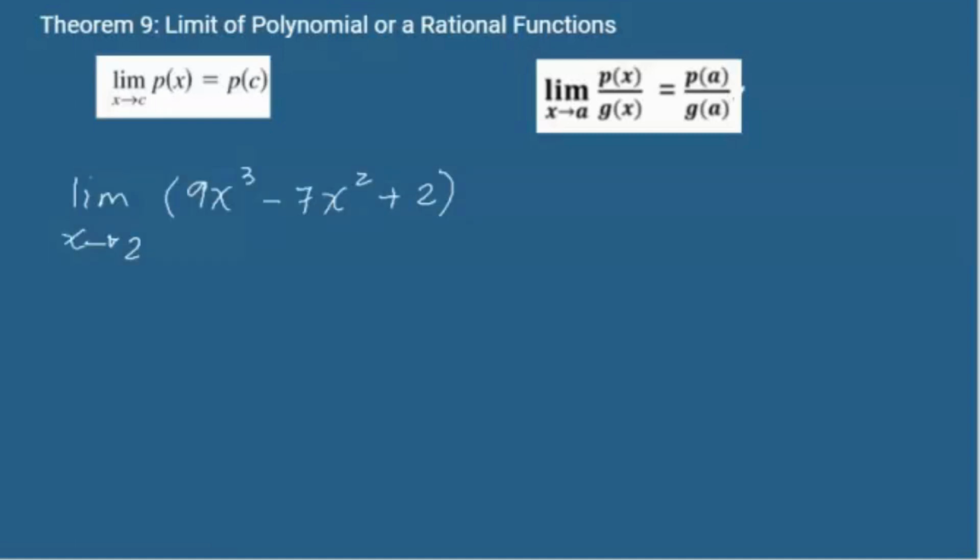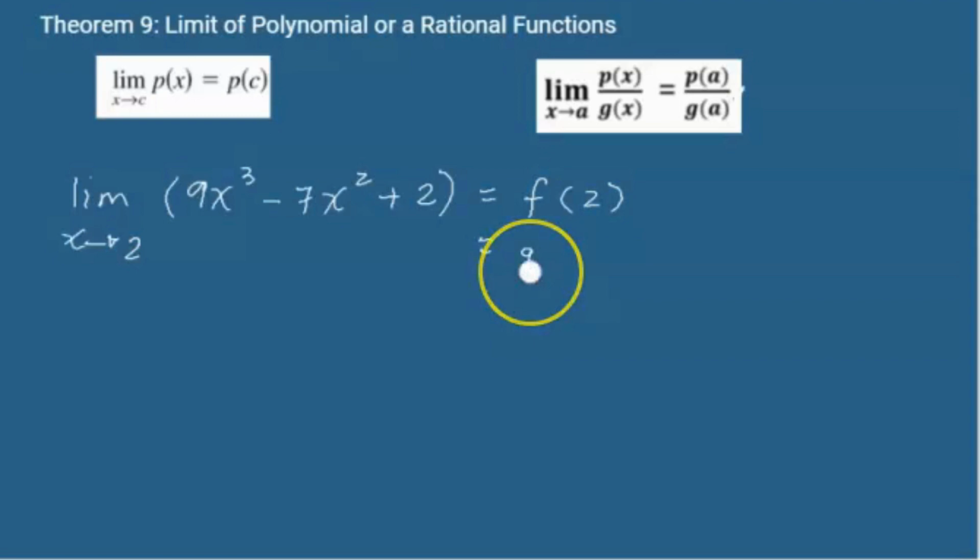So the limit of 9x cubed minus 7x squared plus 2 as x approaches 2. So in this case, our polynomial function is this 9x cubed minus 7x squared plus 2. So therefore, this is equal to f of 2.